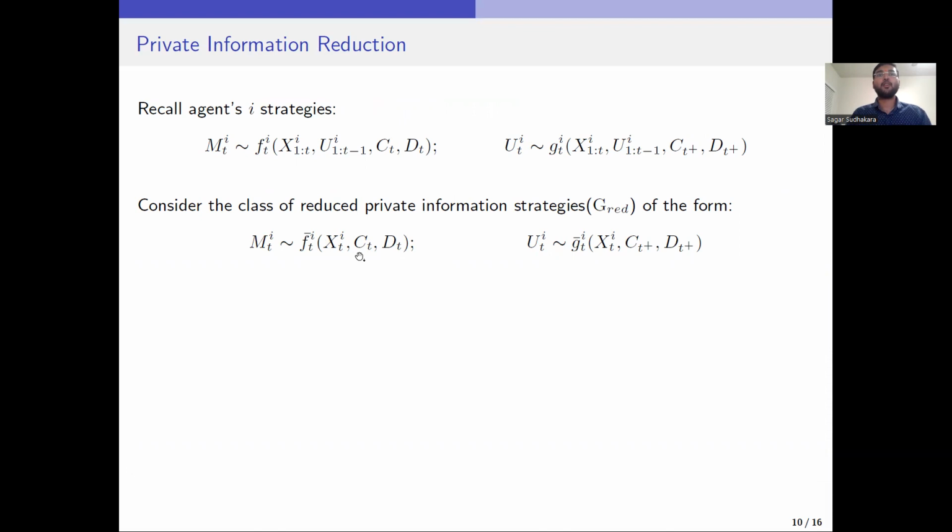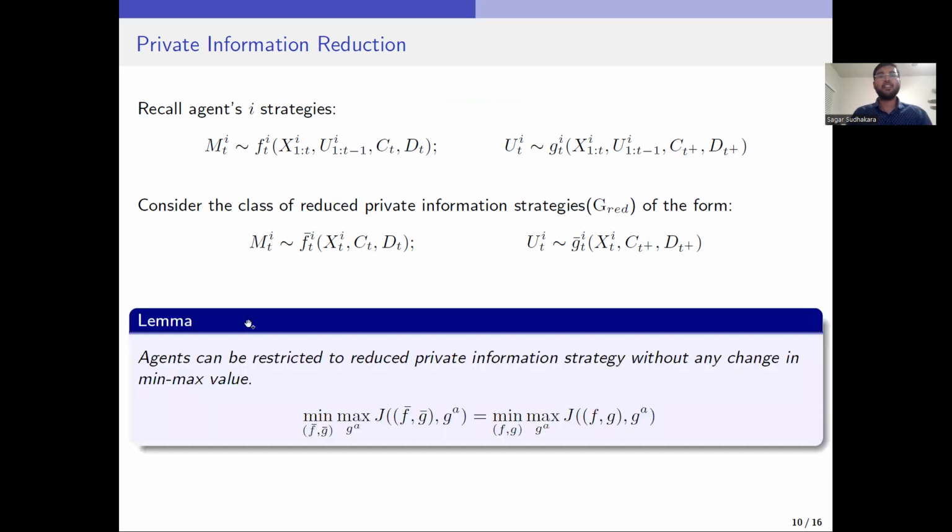We are able to ignore x_i^1 to t-1 and u_i^1 to t-1 in both the strategies. So we have a lemma where we can show that agents can be restricted to reduced private information strategies without change in the min-max value. So the min-max value of the original game and the reduced private information strategy game remains the same.